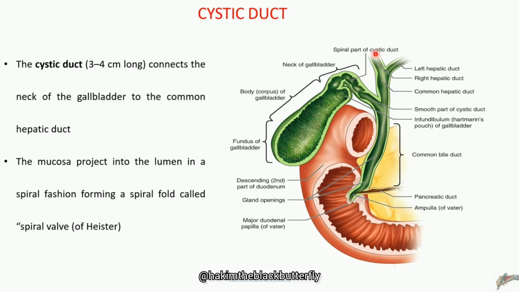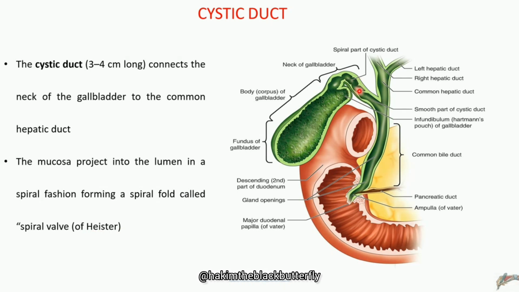It's about 3 to 4 centimeters long, and it's going to connect the neck of the gallbladder to the common hepatic duct. And you can see that internally its mucosa has folds that will regulate flow of bile. Those spiral folds, the Heister's folds or the Heister's valves, are going to regulate the flow of bile within the cystic duct.